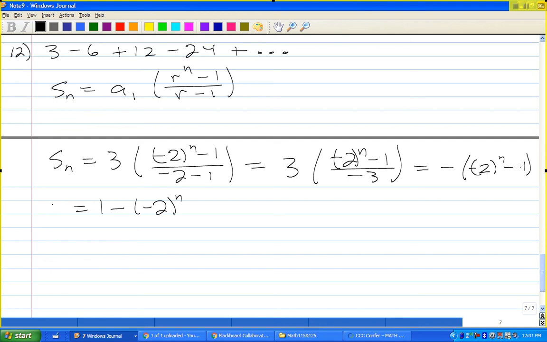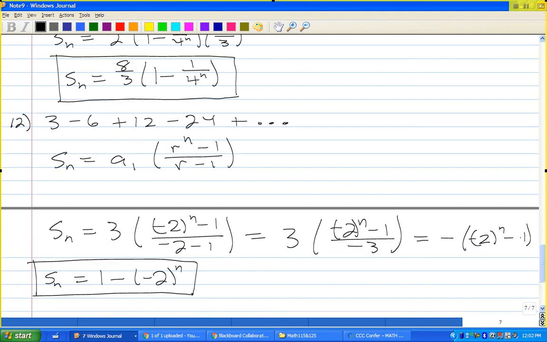And so you can find the sum here of the first n terms by just using this nice formula. So notice that this is actually a very nice compact formula. So if you want to find, let's say, the sum of the first 10 terms of this, right?